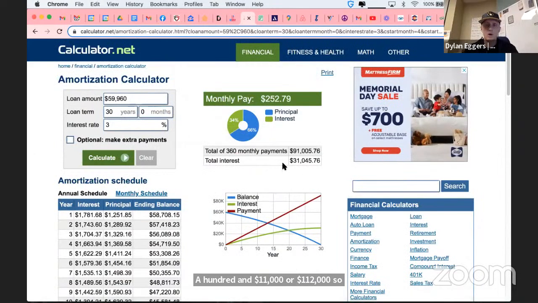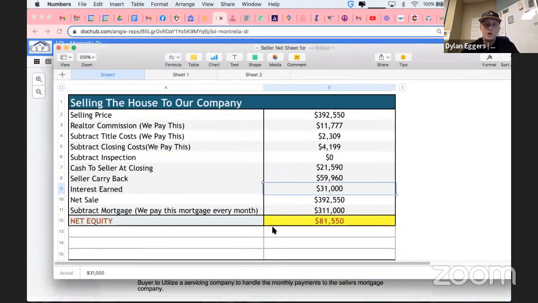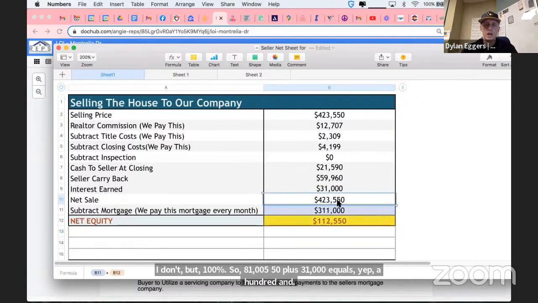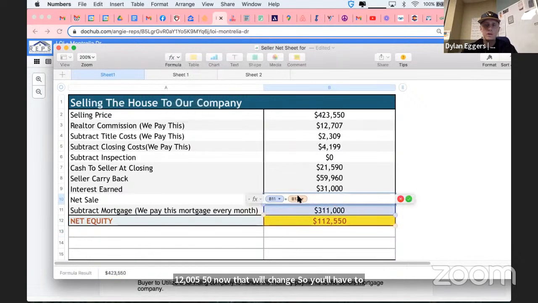Right. So I'm just going to make it $31,000 as a flat number. So I do that sometimes, I don't, but 100%. So $81,550 plus $31,000 equals, yep, $112,550. Now that will change, so you'll have to go back in, edit your formulas, right?